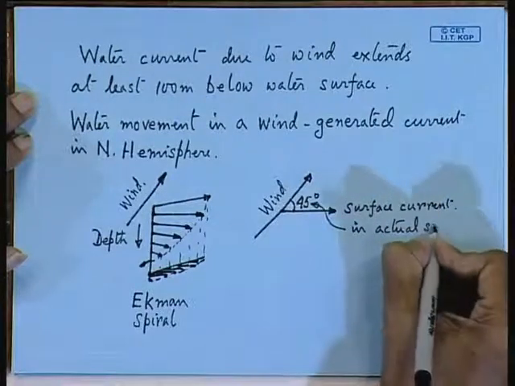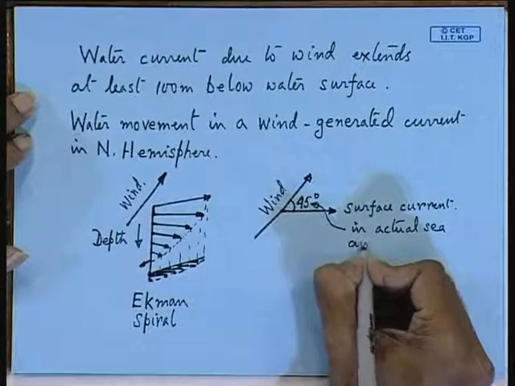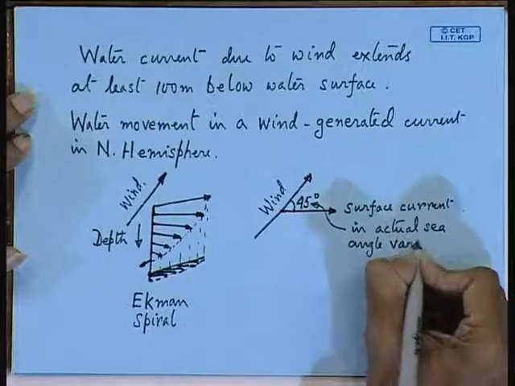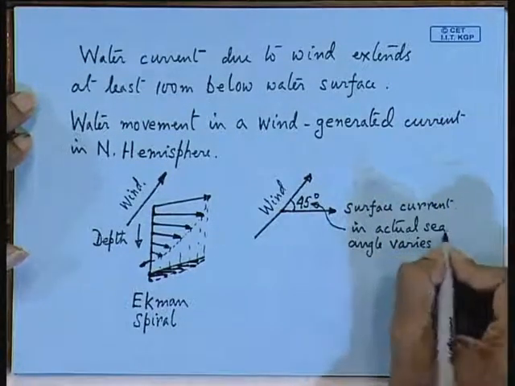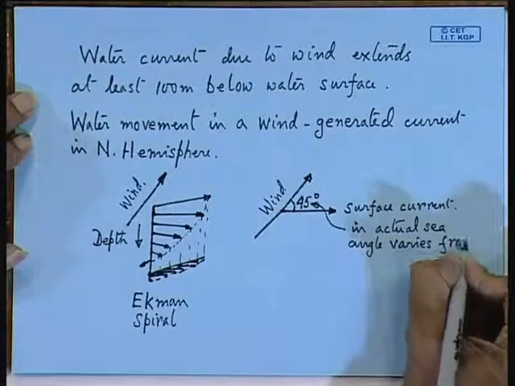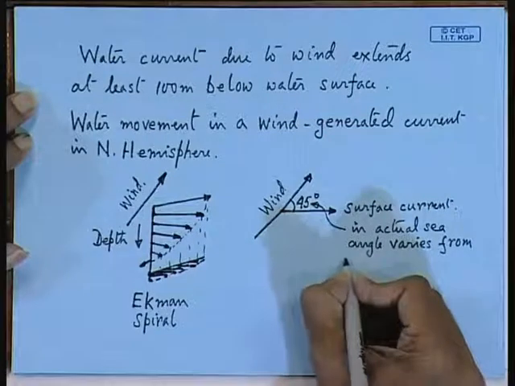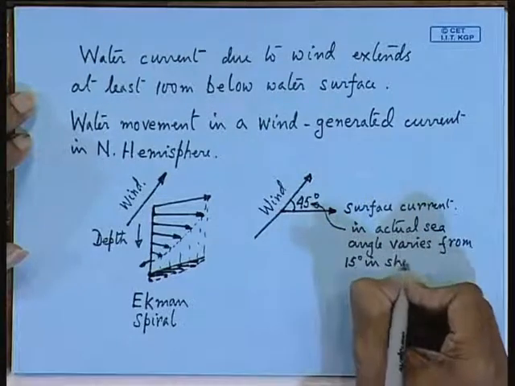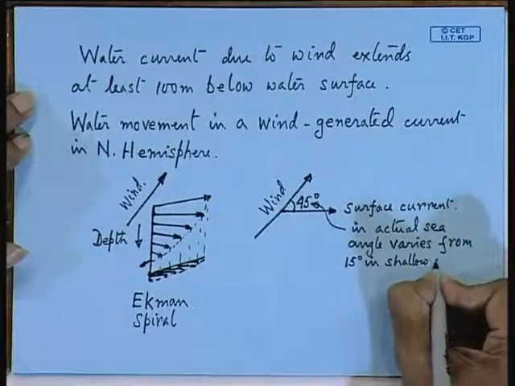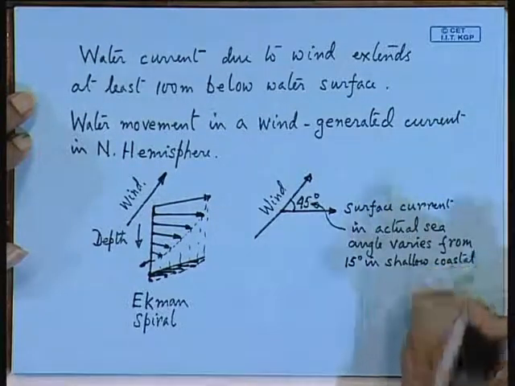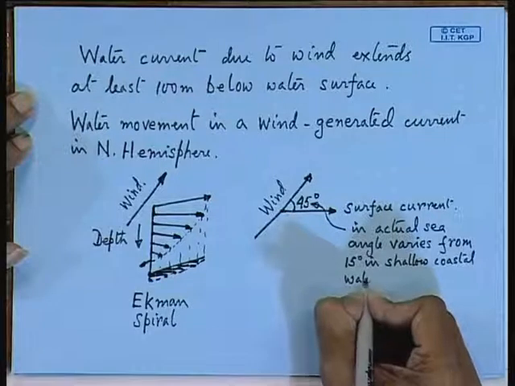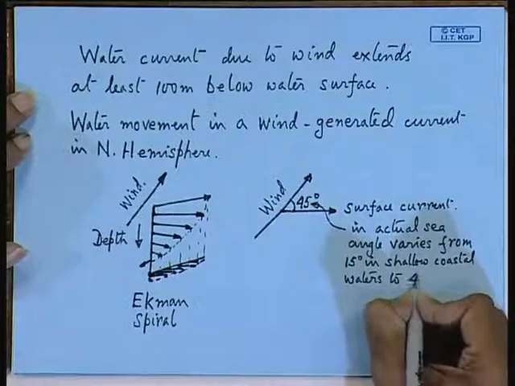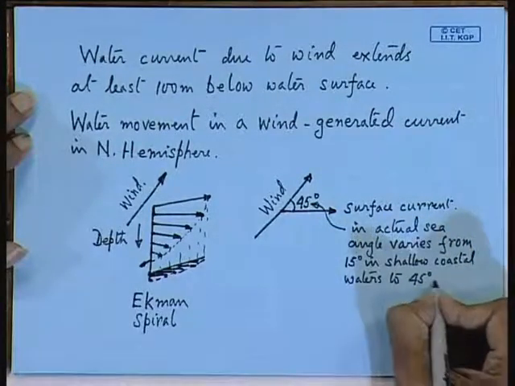So, in actual sea, the angle varies from 15 degrees in shallow coastal waters to 45 degrees in deep waters.